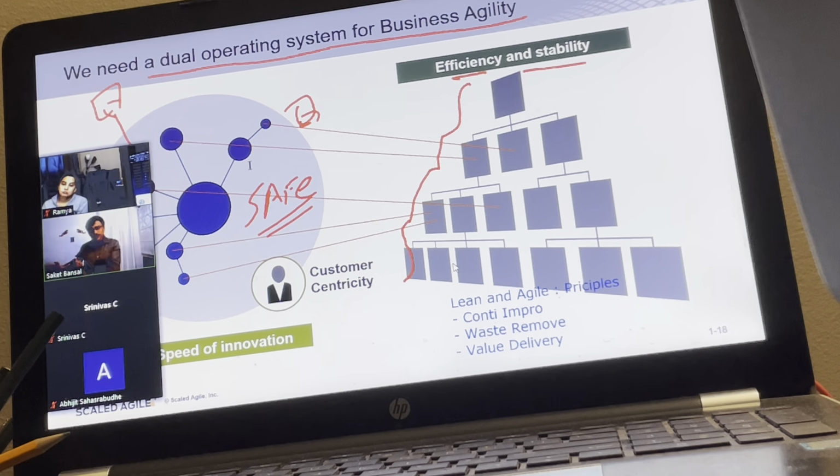Your hierarchical organization continues using what they are using, but they start applying some of the ideas of lean and agile. And then we should have people from this organization who are joining here frequently. So there should be a close collaboration between development teams and business teams, and the people who are basically working in the hierarchical system, coming frequently into the development space, we call them business owners.